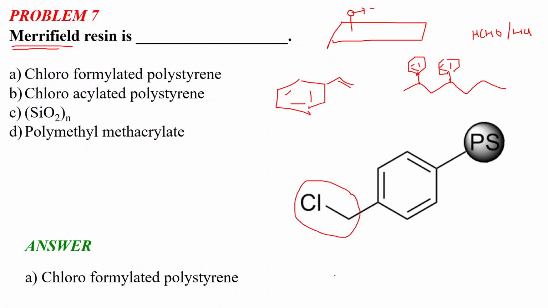Now this is the resin bead which has this kind of functionality. When the amino acid comes, we actually use FMOC protected amino acid for this reaction, and there is a reason for that, but it is not about this question, so I will skip that part.